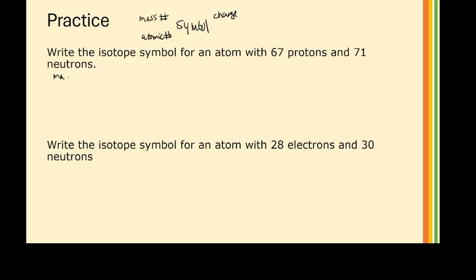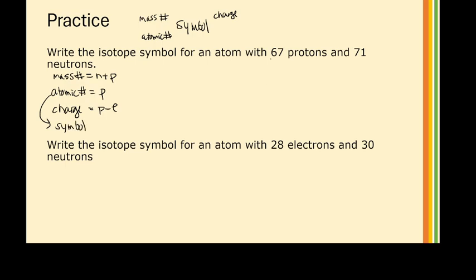The mass number is equal to the number of neutrons plus protons. The atomic number is equal to the protons. The charge is equal to the protons minus the electrons. And I need to know the symbol, which I can get once I know the atomic number.